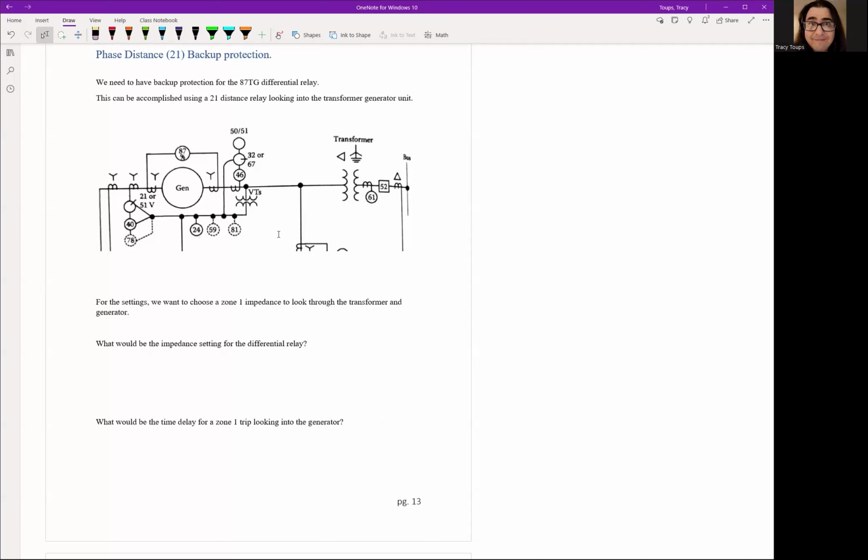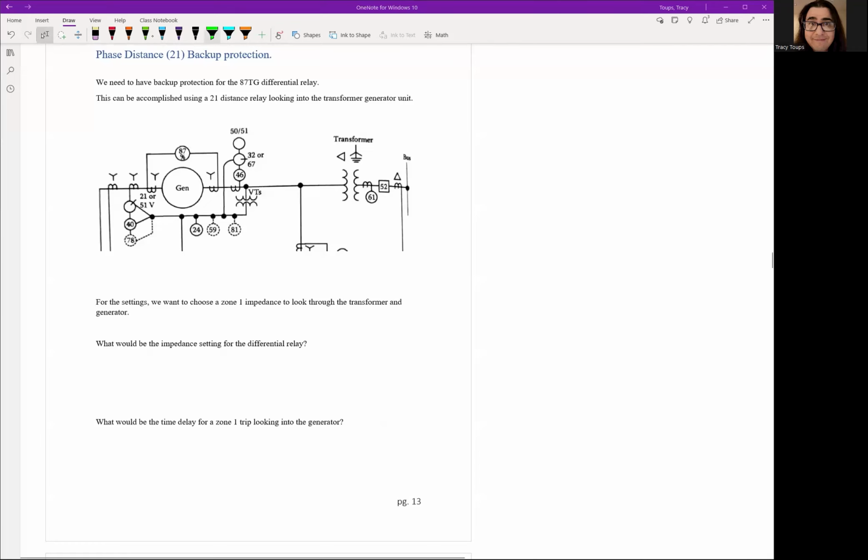And one way we could diversify is using something besides the 87 differential, because there's a chance, we never know, that every 87 relay could just not work. We had some manufacturer issue, or just our philosophy with 87 didn't work out too well. So a good backup is having a different type of relay help us. In this case, I want to use a 21 phase distance relay.